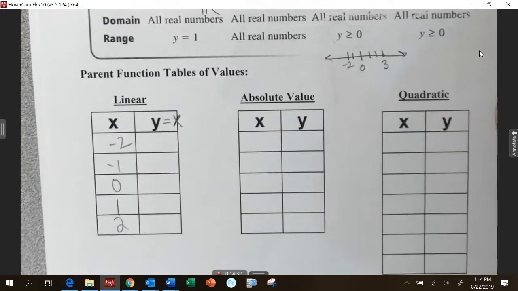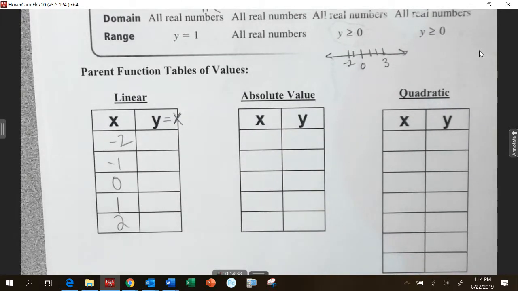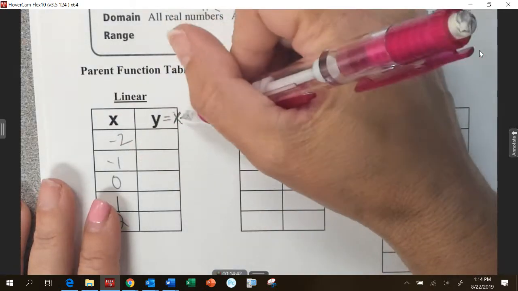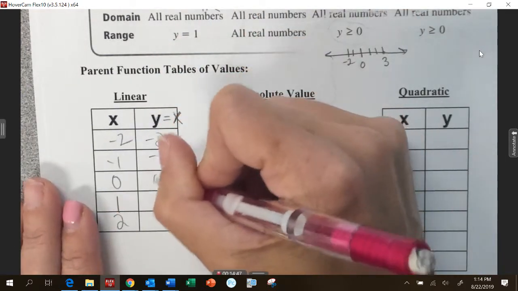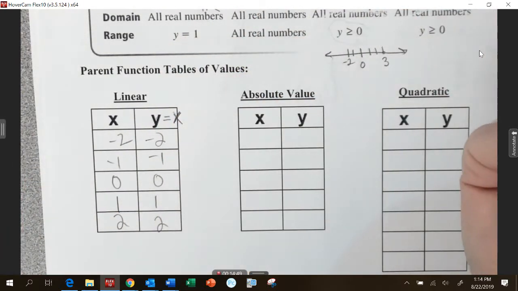It does not matter if those are the ones you chose. You can really choose any x's, but these are the ones that I'm going to choose because they're the easiest. Now, if I plug in -2 for x, what do I get out for y? -2, -1, 0, 1, 2. They are the same. That is the parent function, and it would go on from there. We just only wrote down 5 of them.